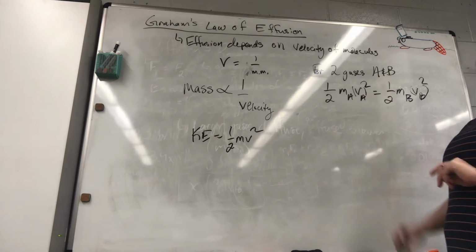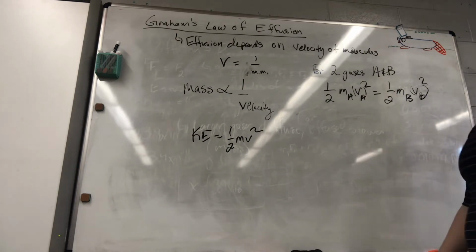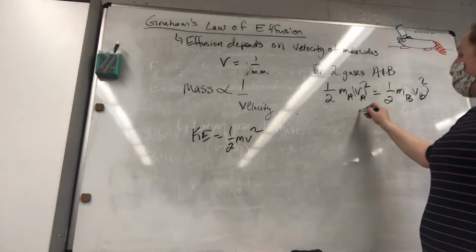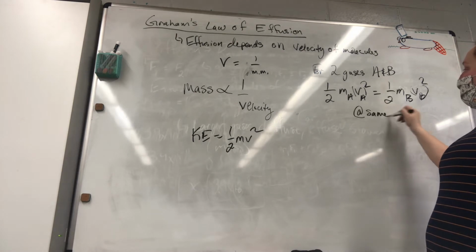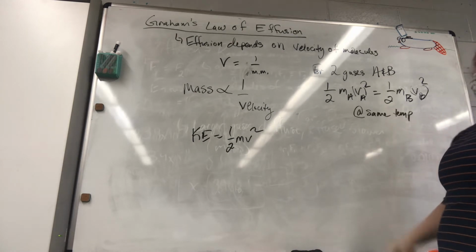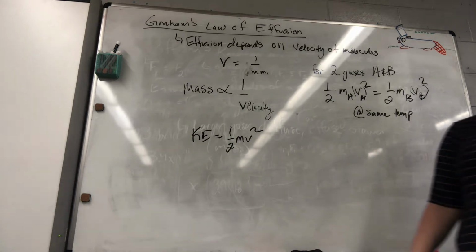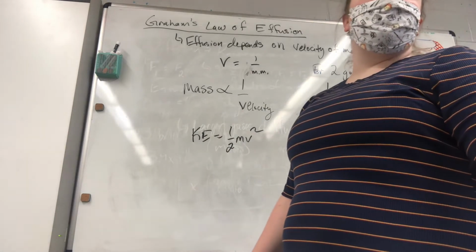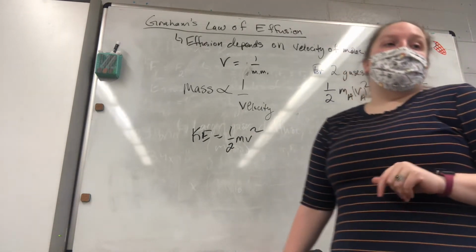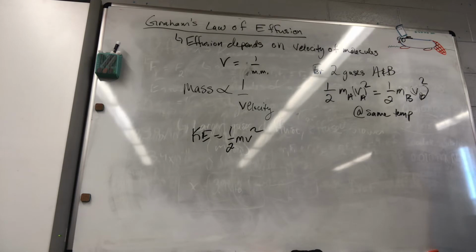The velocity is the thing that's squared in our kinetic energy formulas. This is at the same temperature. So we can relate the velocities or the masses of two different gases at the same temperature using this particular formula. Okay. More specifically, we can talk about the rate of diffusion.